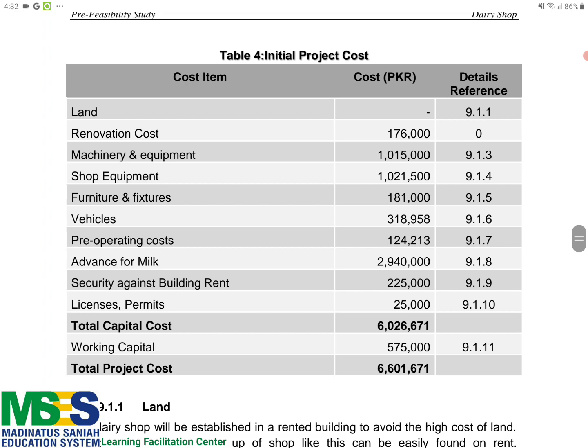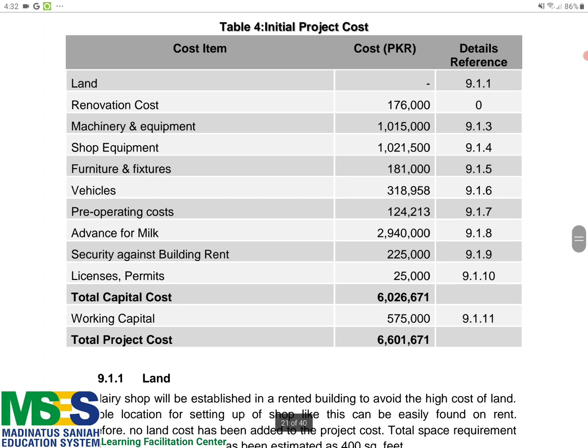You would not be able to manage the shop because you would not be able to pay your labor or your bills. So working capital is the money that you keep in cash or in the bank for your business. This is the money you would not spend on equipment or anything else, because it would be used for running the business, for day to day expenditures.